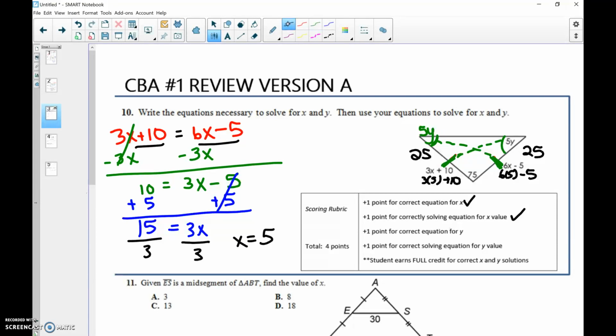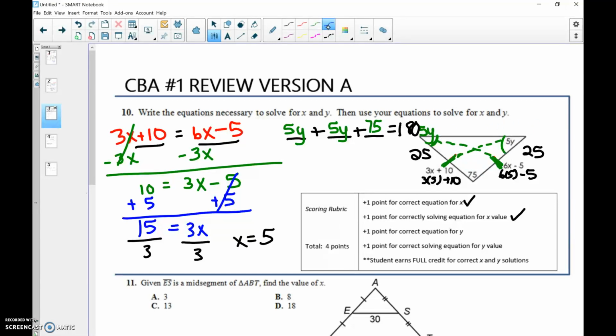Well, what do we know about angles in a triangle? What do they all have to add up to? No matter what kind of triangle it is, all the angles always add up to 180 degrees. I just filled in my 3 spots now, so I just plug it in. 5y plus 5y plus 75, because that's the last spot, all have to add together to make 180.